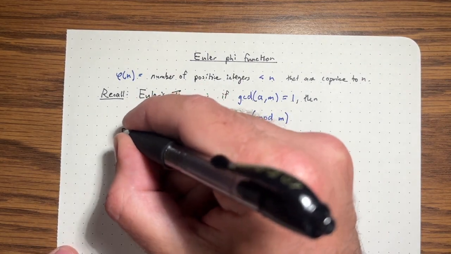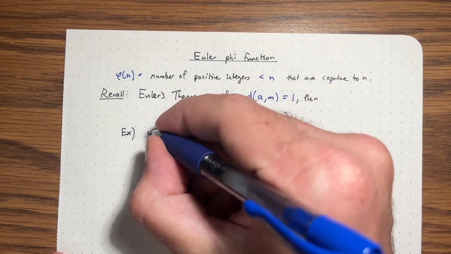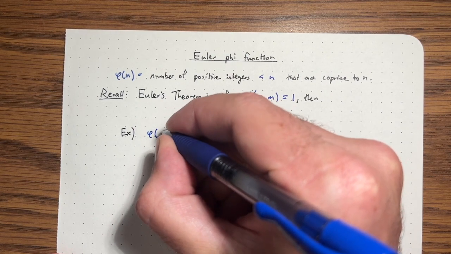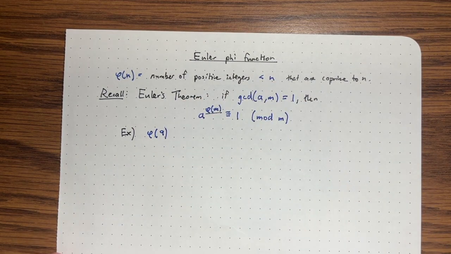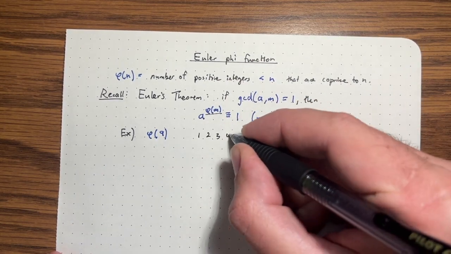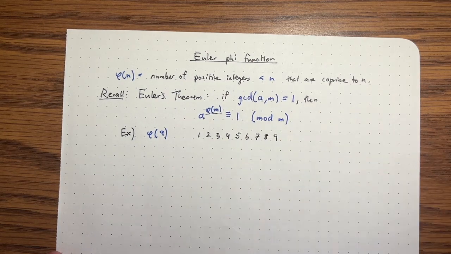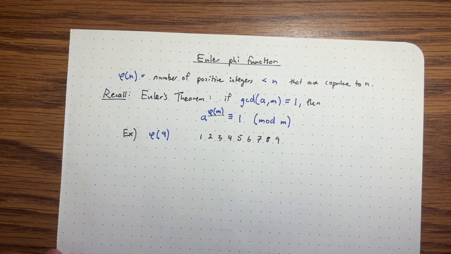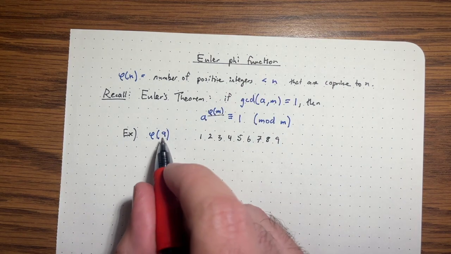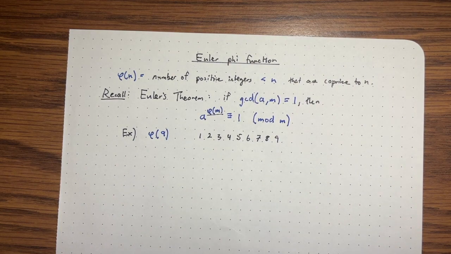Just to do an example, if you're computing this for small values, for example, let's do phi of 9. How do I do this? I'd write out the integers from 1 to 9 and go over each of them, checking if it's co-prime to 9. And 9 is a fairly easy example because it's a power of one prime: 9 is 3 squared.